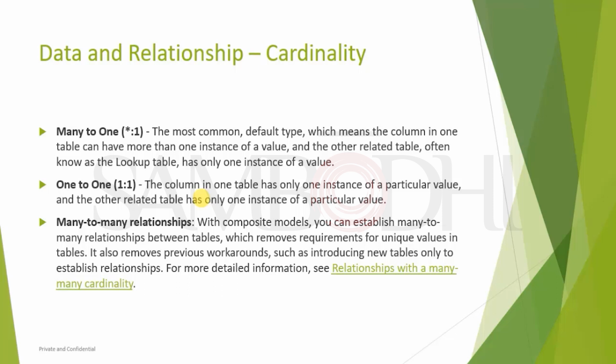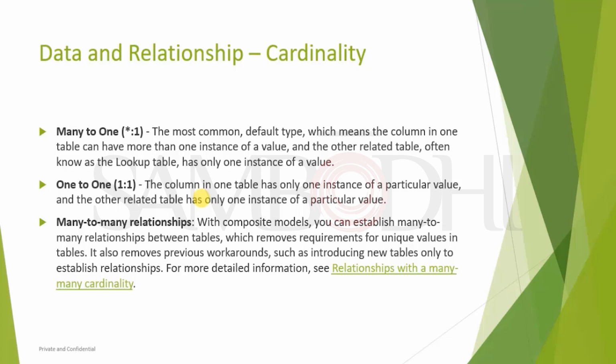So in many to one relationship, the table on the many side will have many instances of the value, whereas the table on the right hand side, on the one side, would have only unique values present. When it is one to one, that means you cannot have repetitive values for that column on both sides of the table, and then it would be a one to one table.